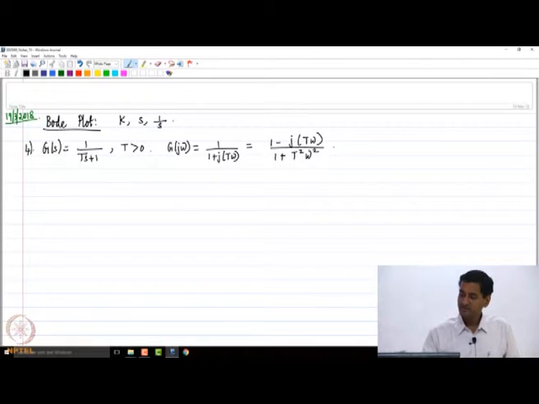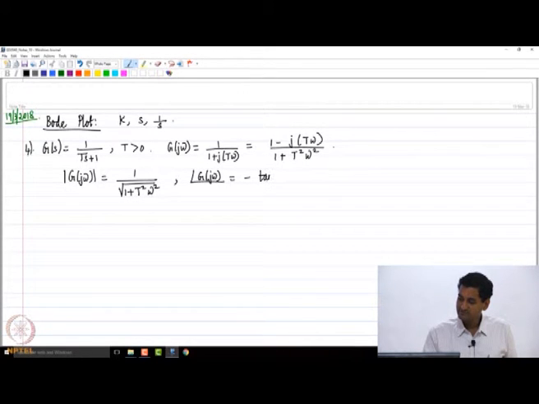Consequently, what will happen to the magnitude of G of j omega? It is going to be the ratio of the individual magnitudes, so I can rewrite this as 1 divided by square root of 1 plus T squared omega squared. That is pretty straightforward, and the phase of G of j omega is going to be minus tan inverse of T omega.